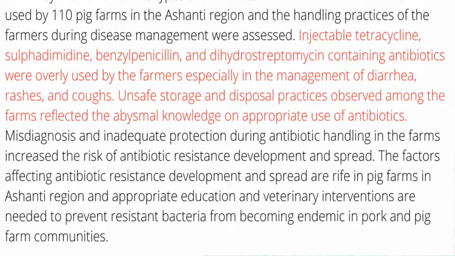The authors found that some injectable antibiotics were overly used by the farmers, especially in the management of diarrhea, rashes, and coughs. Unsafe storage and disposal practices observed among the farms reflected the abysmal knowledge on appropriate use of antibiotics. Let's look at snippets of the discussion.